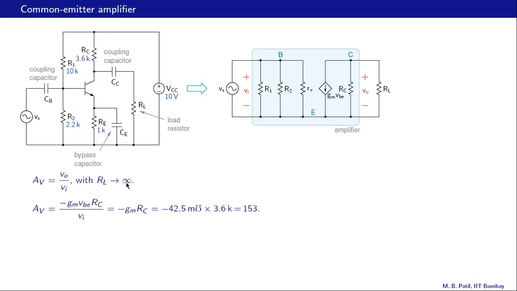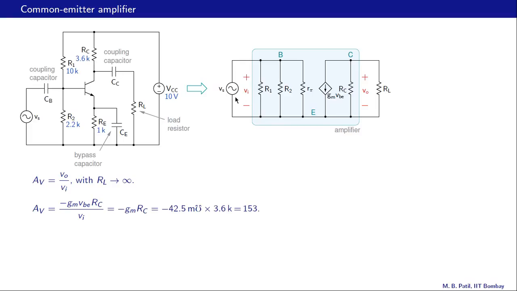What is AV? AV, as we have seen in the last few slides, is VO divided by VI with RL equal to infinity. So we remove this RL, measure VO, and then VO divided by VI is AV. VI in this case is the same as VS.